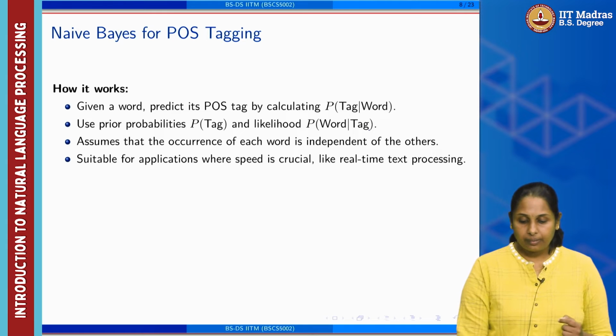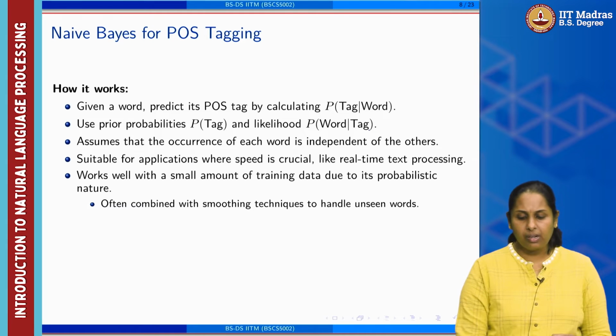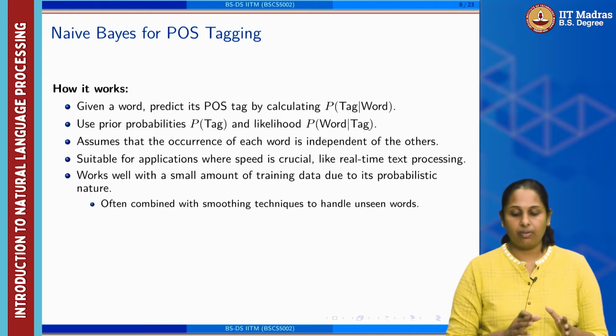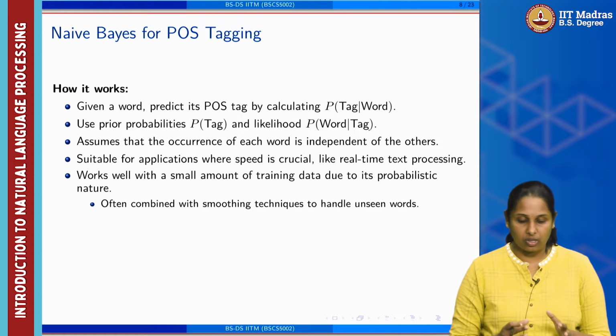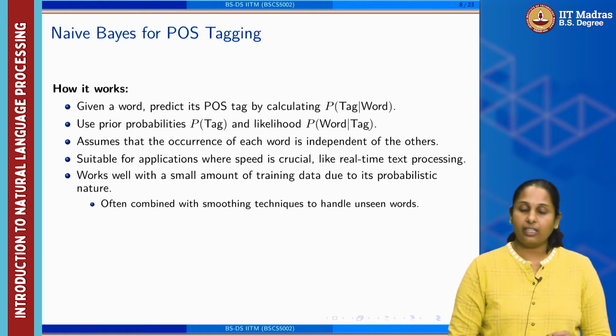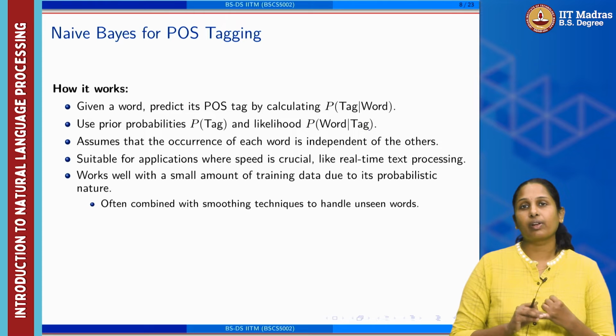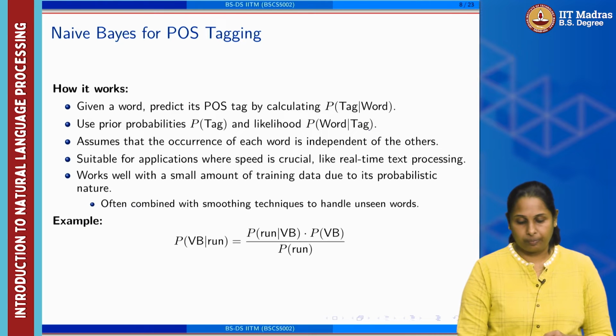And here, when we have training data, we have to build the probabilistic nature of this training data, and it is useful when we are working with unseen data.